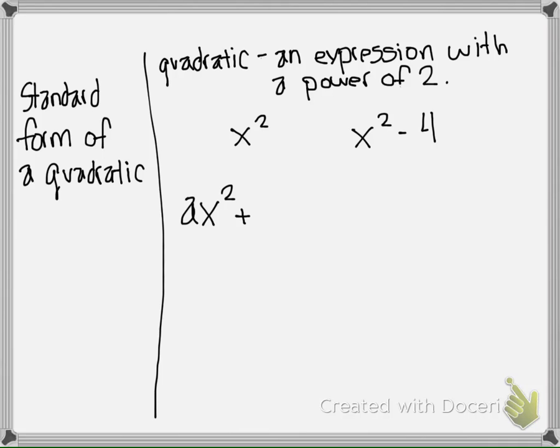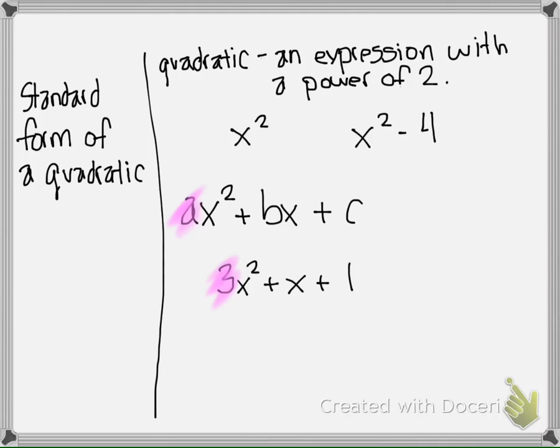The standard form of a quadratic is written like this: ax squared plus bx plus c. Examples would be 3x squared plus x plus 1. In this case, a is the number in front of x squared.